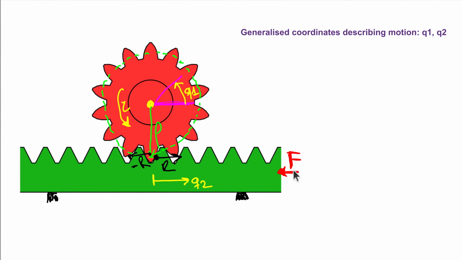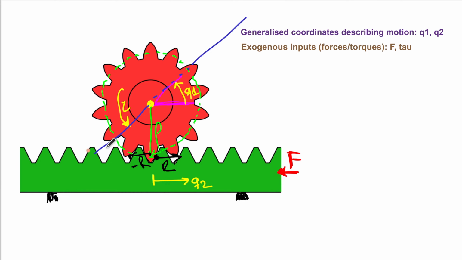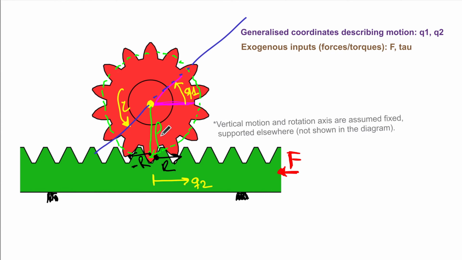There will be an exogenous force F that, when positive, will mean that it's pushing to the left, and there will be a torque tau exerted on a fixed rotation axis which will try to move the pinion, and vertical displacements will be locked.